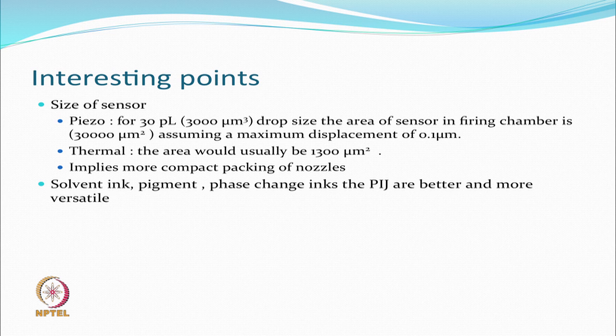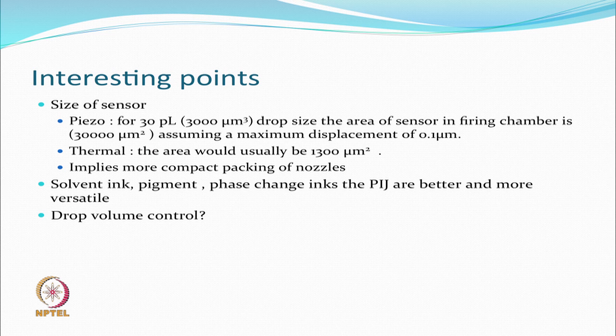For solvent inks, pigment based inks, and phase change inks, piezoelectric inkjet heads are considered better and also more versatile. So, obviously, you can appreciate that the area of the sensor is not going to change every time you design a sensor; the area will remain the same.